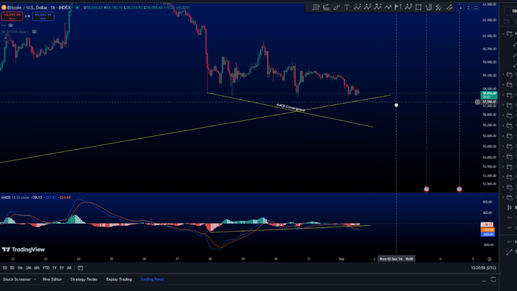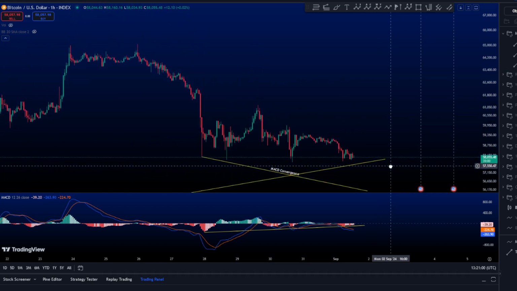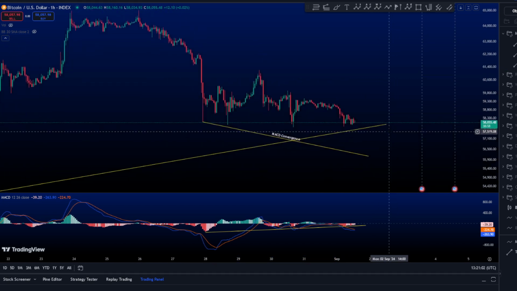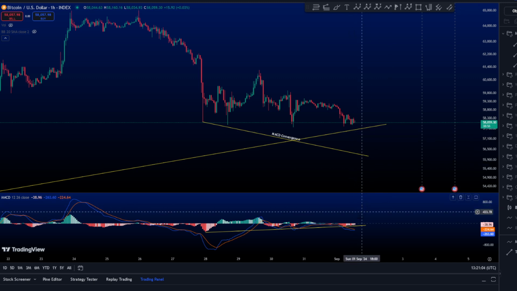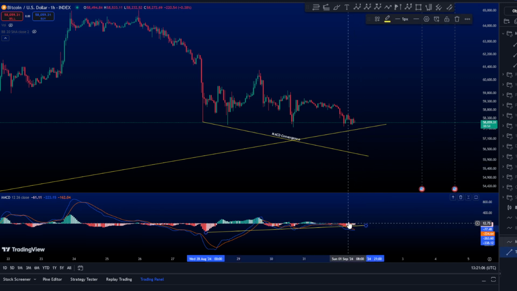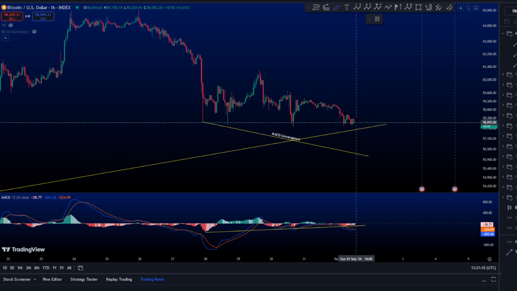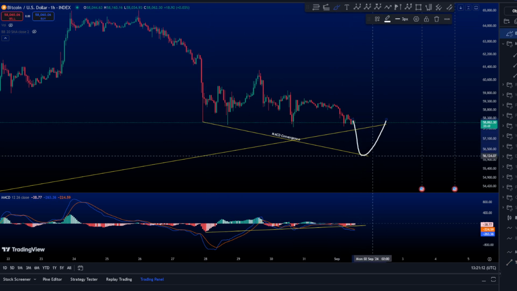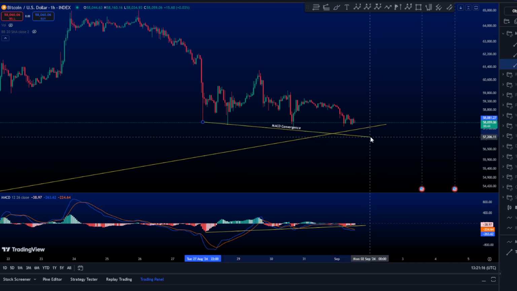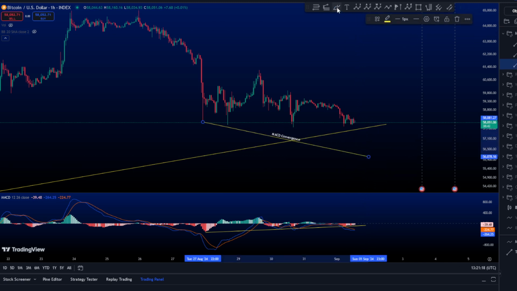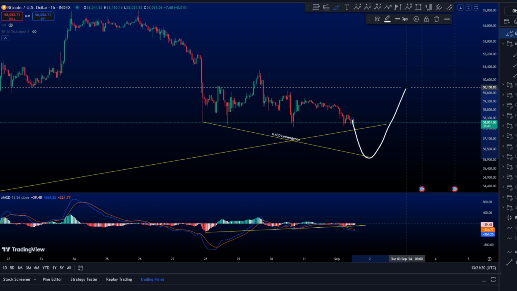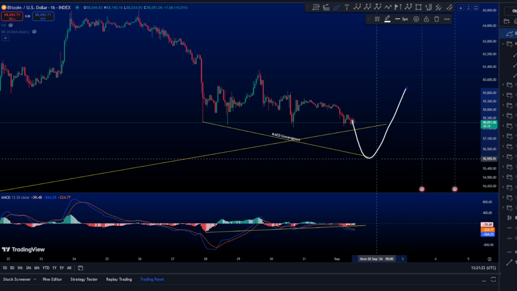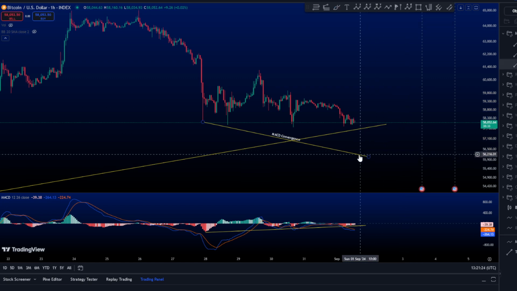Now, the more lower prices, the clearer the convergence becomes, and that means we are getting closer to finishing the bearish scenarios, or that a reversal might start to happen. Of course, the lower we go with this convergence, the stronger it becomes, and the possibility to move up gets even higher.